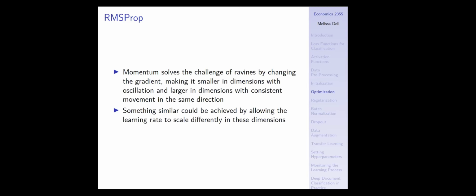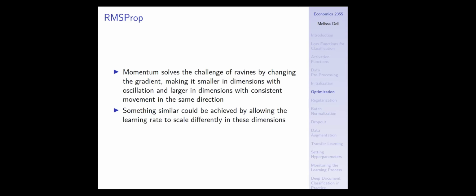So we've seen that momentum solves the challenges of ravines by changing the gradient, making it smaller in dimensions with oscillation and larger in dimensions with consistent movement in the same direction, much like you get momentum when rolling a ball down a hill. We could achieve something similar by allowing the learning rates to scale differently in these dimensions. Remember, the learning rate is just a hyperparameter that you choose. It might be equal to something like 0.0001.